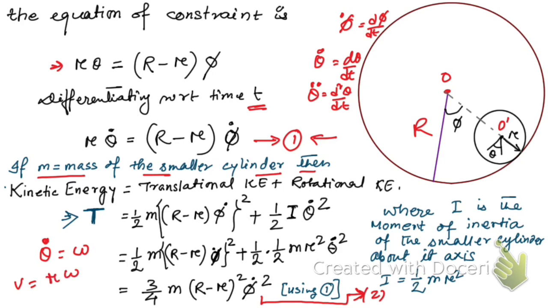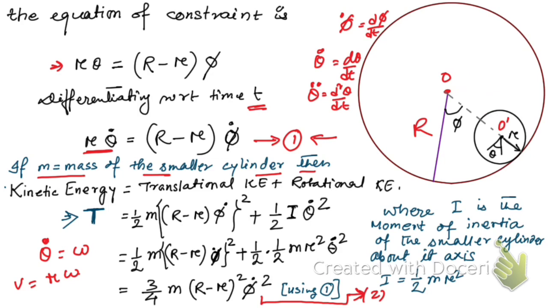So omega is theta dot, and r theta dot is nothing but our linear velocity. Similarly, the linear velocity of this center from this position to that position is given by capital R minus small r, into phi dot, because this length is capital R minus small r.